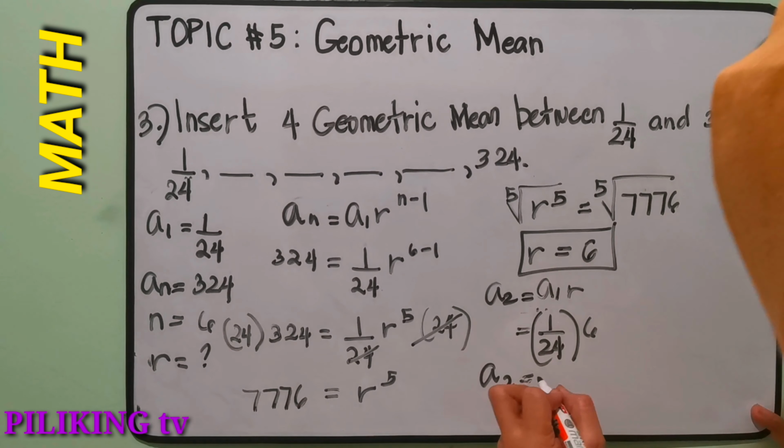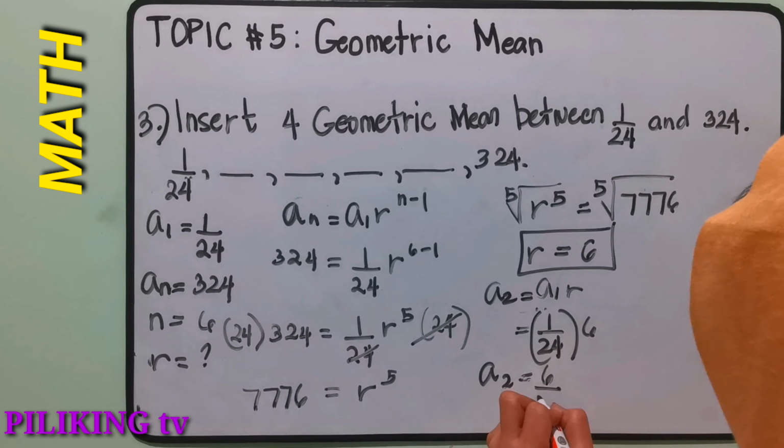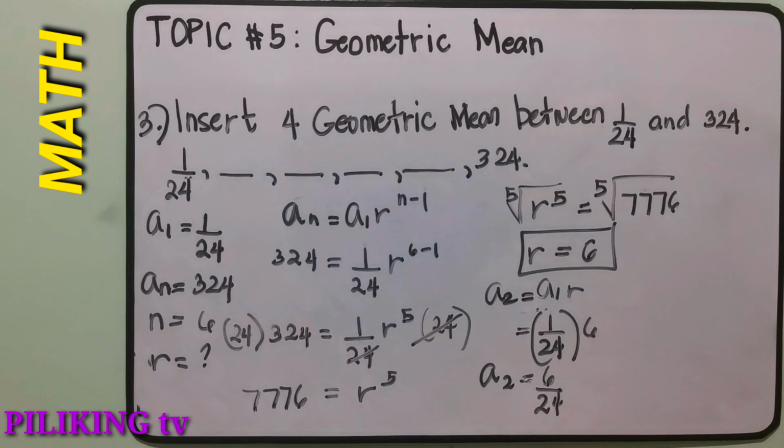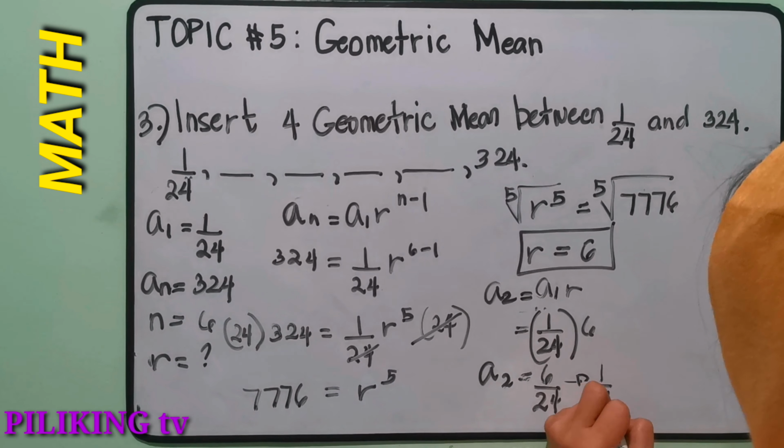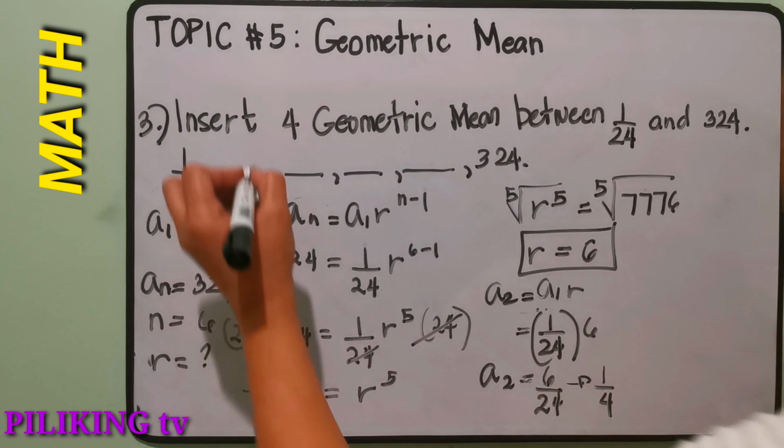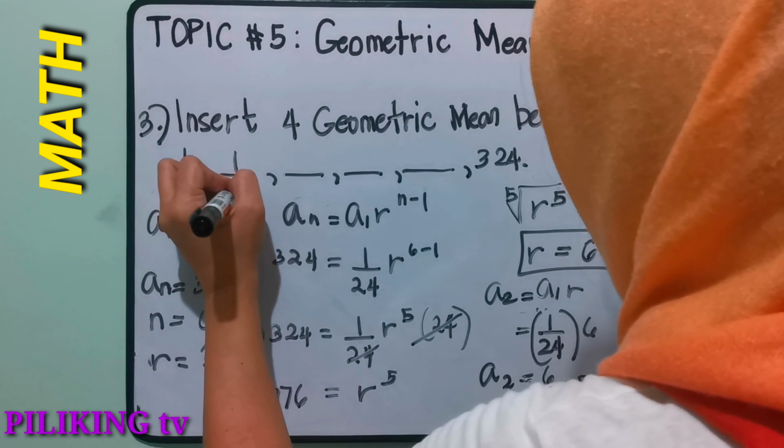So that is 6 over 24. So what is the simplest form? What number is divisible to 6 and 24? Can be divided by 6. So that is equal to 1/4. Okay? So our second term is 1/4.